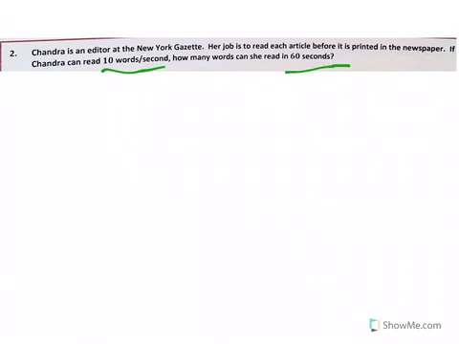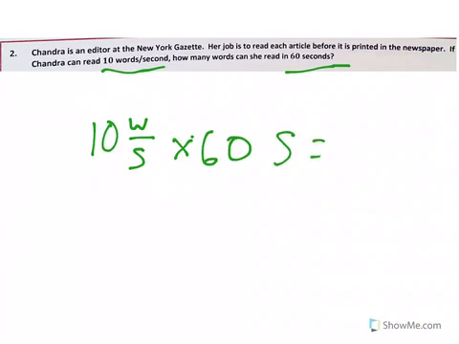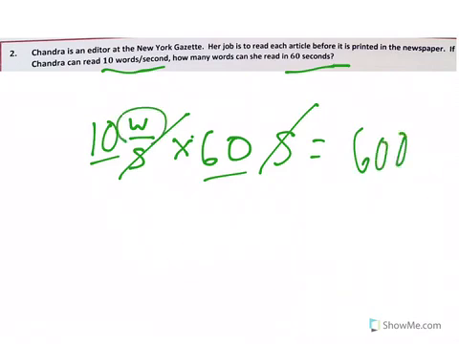We could do the method I just showed you on the last slide, which would be to say 10 words per second times 60 seconds, and we can cancel out the seconds. We can do 10 times 60, which would give us 600, and then bring over the words. She can read 600 words. That's one way to do it. That's perfectly fine. I'm going to show you a different way also.